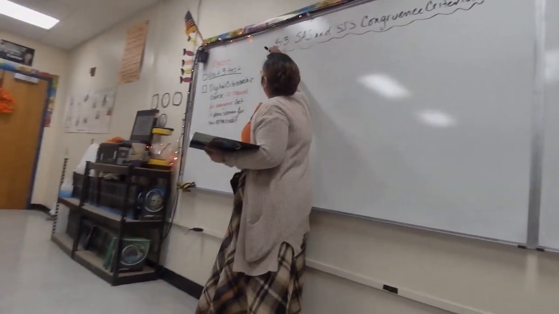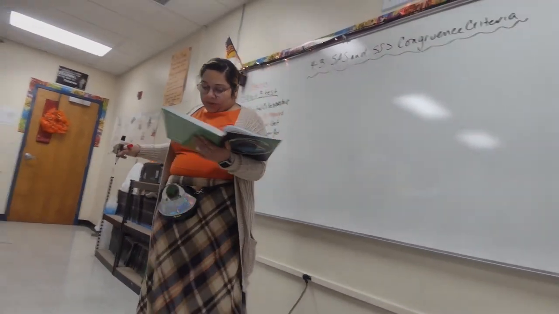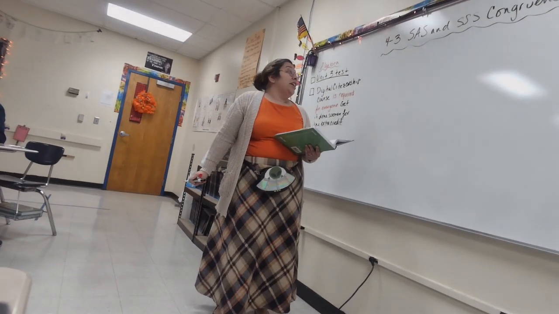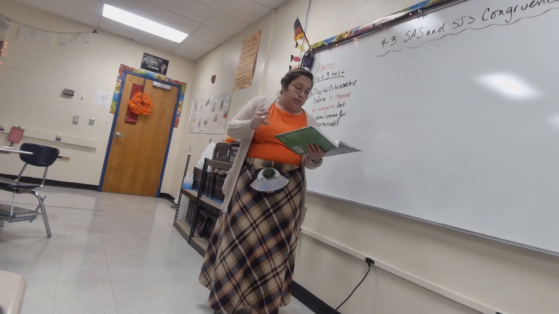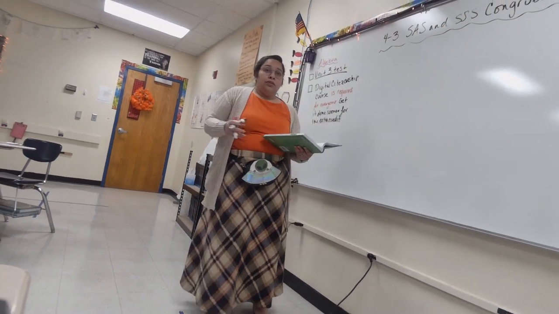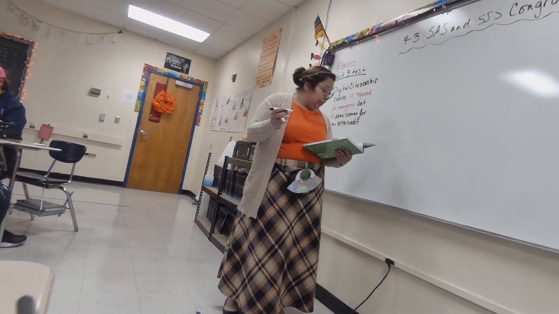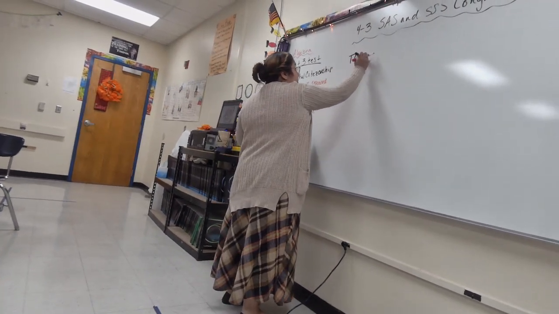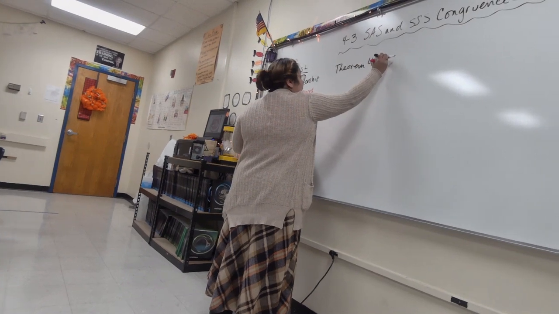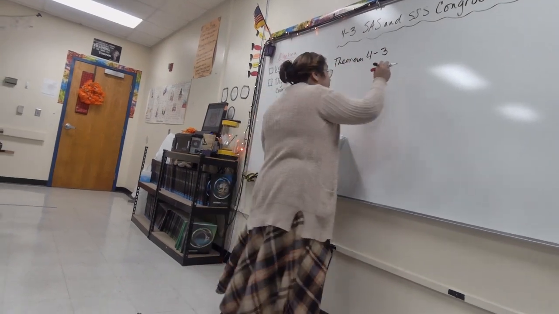All right, 4-3. This is proving and applying the SAS and SSS congruence criteria. Now, the first things we need are those theorems here. So we've got theorem 4-3, and that's called the side angle side theorem.